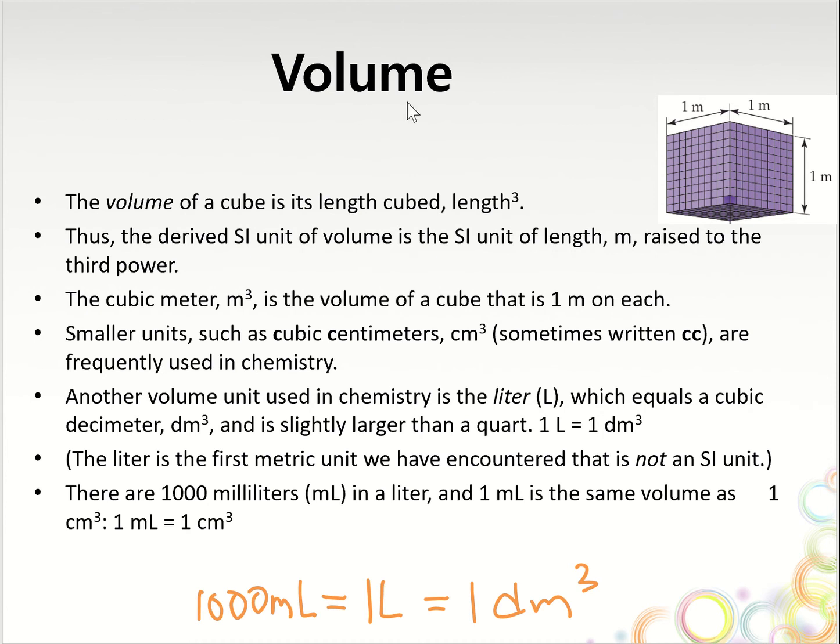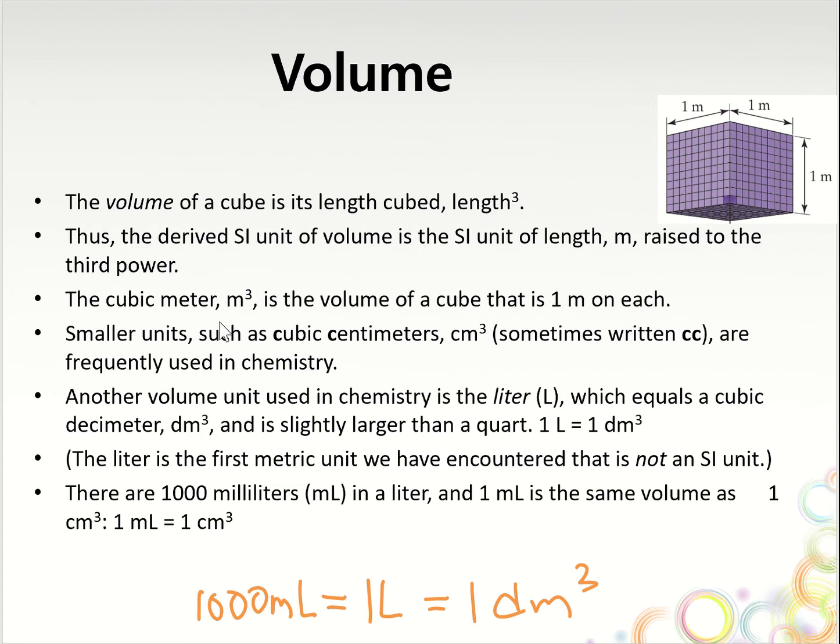For volume, the volume of a cube is its length cubed, right? Here we see the length is 1 meter, 1 meter, 1 meter. Thus the derived SI unit of volume is the SI unit of length, m, raised to the third power, which is cubed.